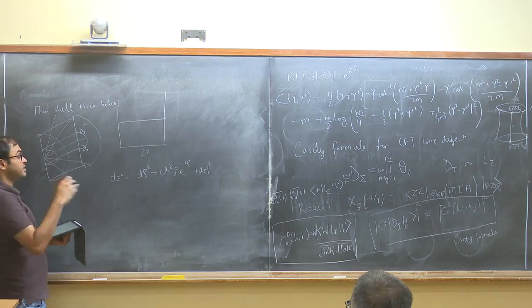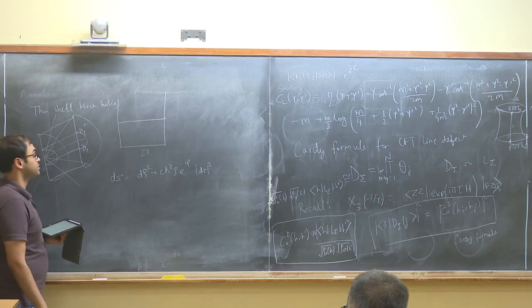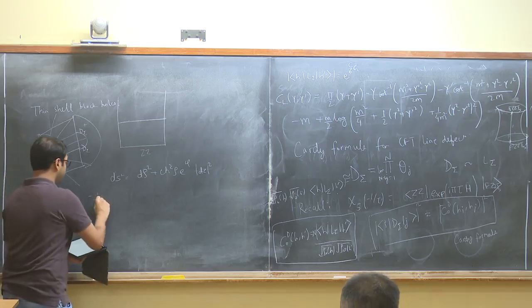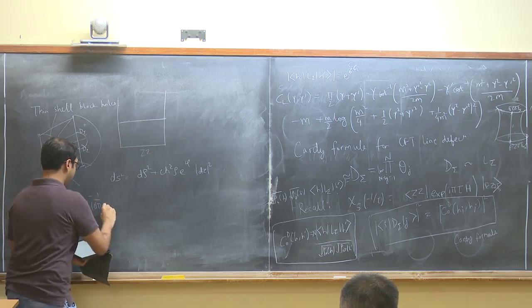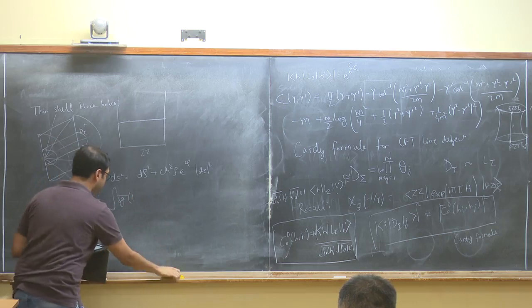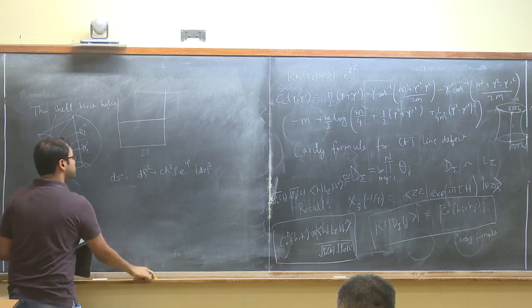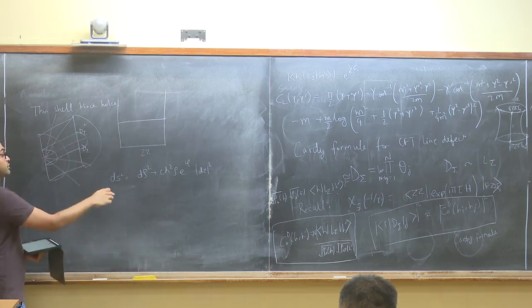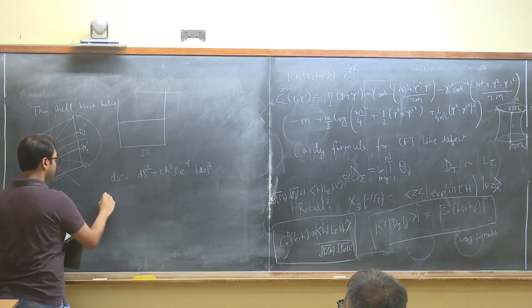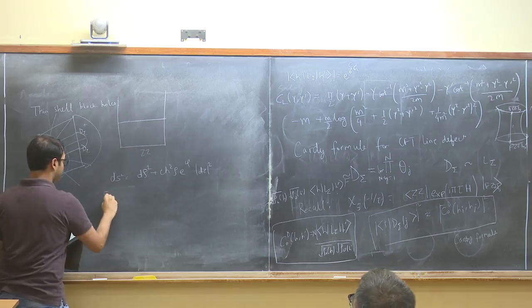But that doesn't change the intrinsic geometry of the slices. So now all you have to do is plug this into the Einstein-Hilbert action. Oh, sorry. Okay. So you still have to check that this satisfies the Einstein equation. So if you solve Einstein's equation, yeah.